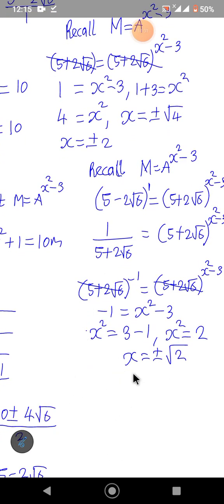So our final solution for the question is that x is equal to plus 2, minus 2, plus root 2 or minus root 2. So this is our solution to this question.